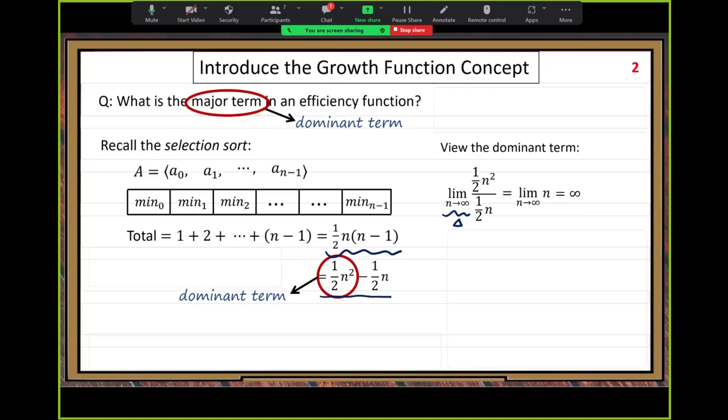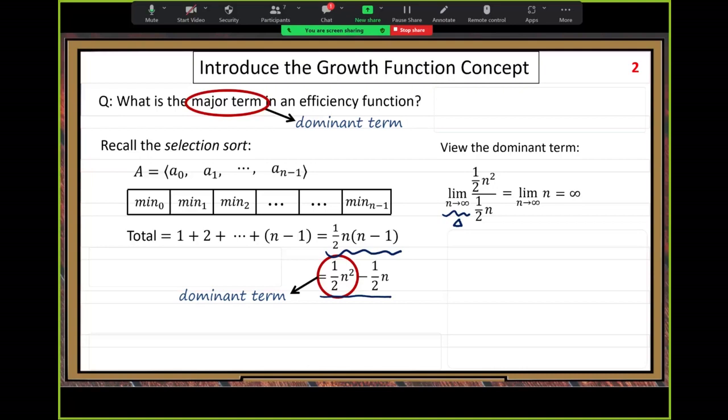If the ratio approaches infinity, that means the second term compared with the first term is so small. If we ignore the second term, there is no significant loss.